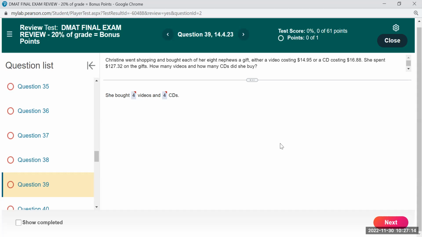Spent $127.32 on the gifts. Number of videos, number of CDs.